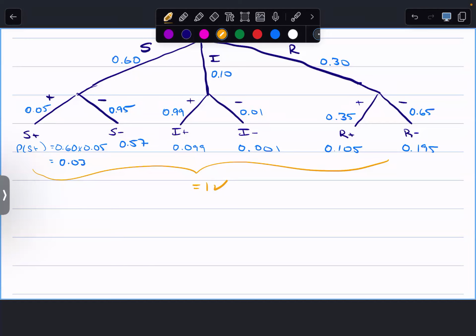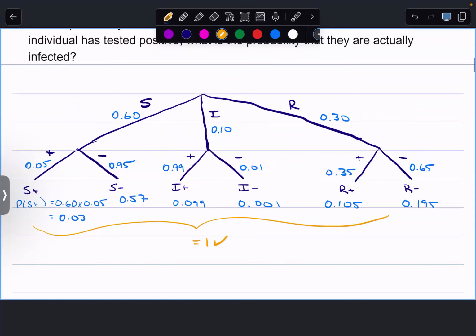Just a nice little check-in point. Okay. You don't have to make sure they add to 1, but at that point, I mean, what's the harm, right? Show off that you know that they should add to 1, right? But this is a complete tree that I'm looking for.